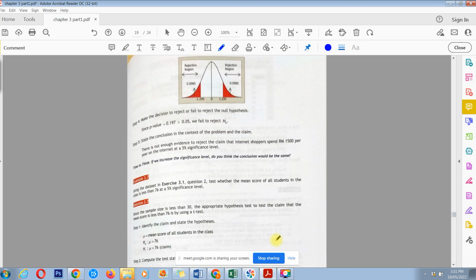Okay, so now compare. Here we make a comparison, whether to reject or accept. So since P value 0.9197 is greater than 0.05, we know the value for Z alpha earlier was 0.05, right?